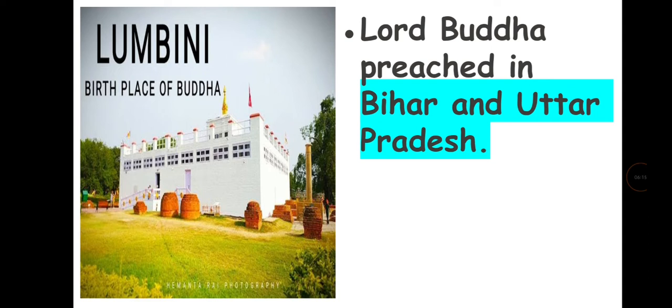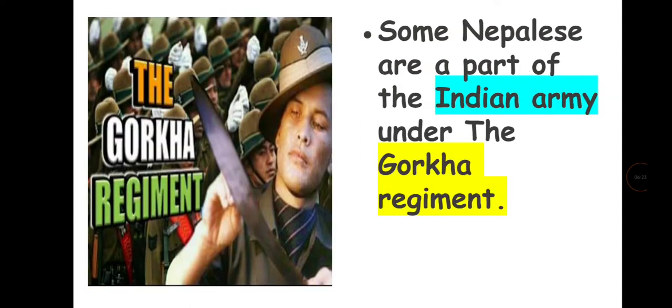Many Nepalese people have been working in India for many years. Many Nepalese people do jobs in India. In this way, it is connected with India. And some Nepalis are part of the Indian army under the Gorkha regiment.